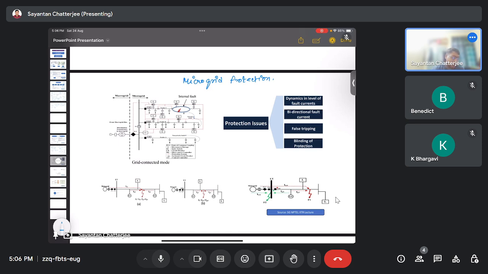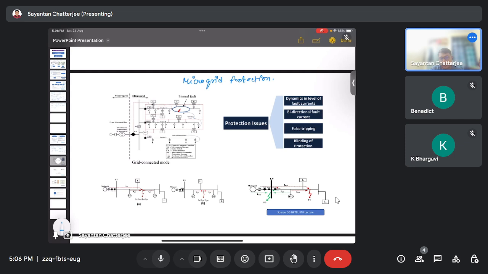First, the protective equipment should isolate even a very small utility portion, because it should be capable of islanding each and every area, so the system becomes more complex.